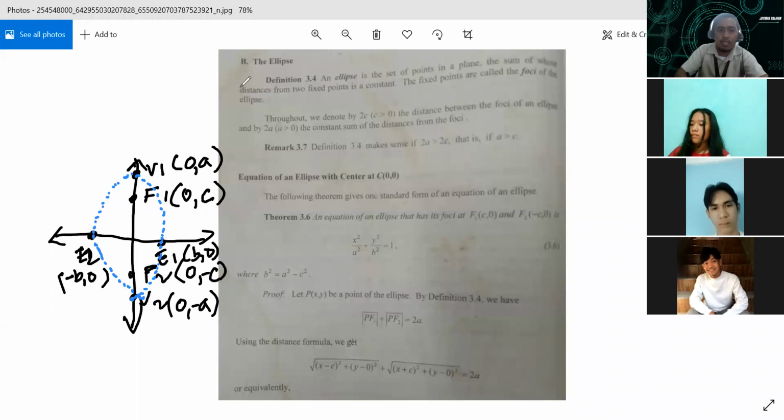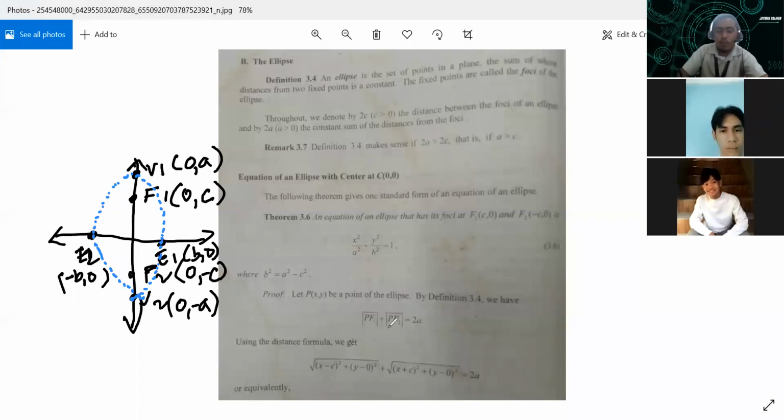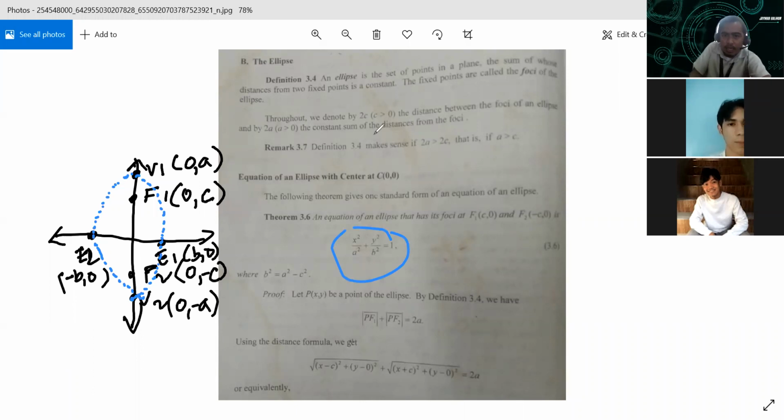So in that case, class, wait for a while. In that case, the equation now will not be this anymore. The equation will be given by x... Wait, it's on the other slide. We'll just do it on the other slide. The equation, if this is the case, let me stop sharing for a while.